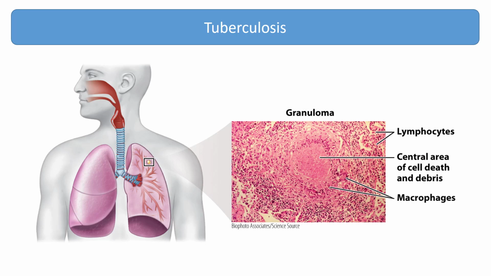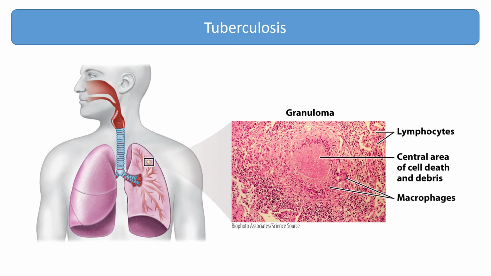TB results from infection with Mycobacterium tuberculosis, a bacterium with several unusual properties. It is very small with a compact genome, lacks a plasma membrane outside of the cell wall, and replicates exceedingly slowly. M. tuberculosis takes about 16 to 20 hours to divide, compared to 20 minutes for the common intestinal bacterium and model organism E. coli.